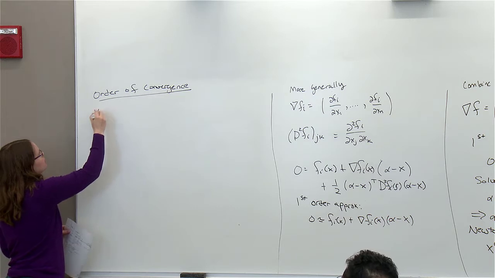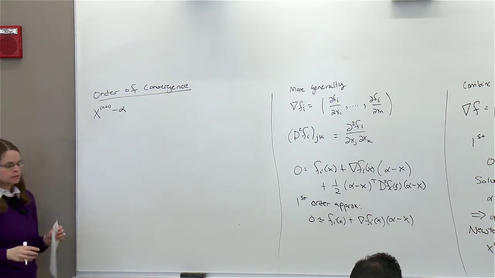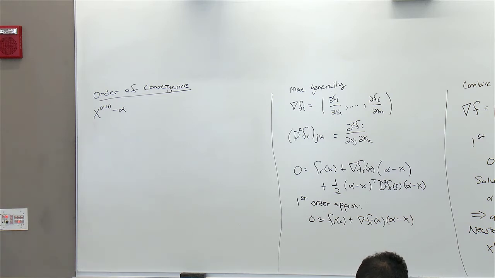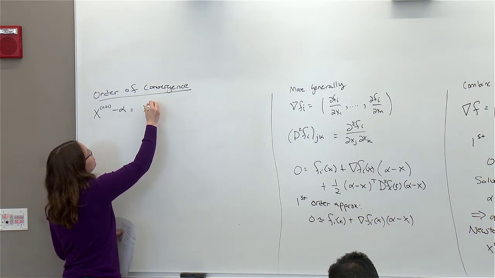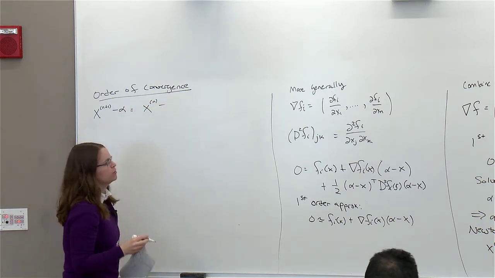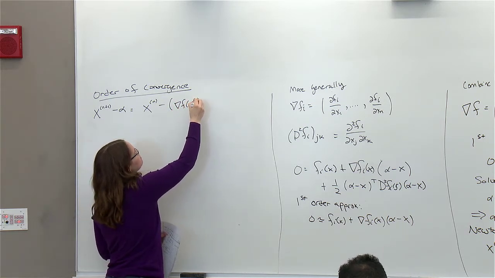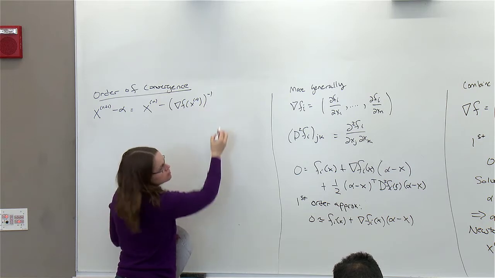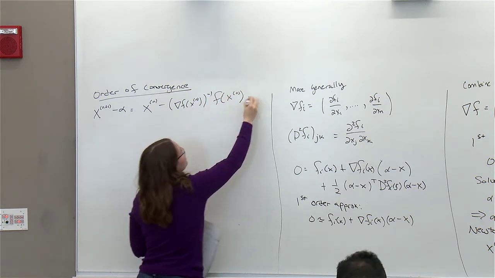Let's look at our new error, and we're going to try to get this in terms of our old error somehow. So we plug in what Newton's method is, which is written right there, times f of xn, minus alpha.